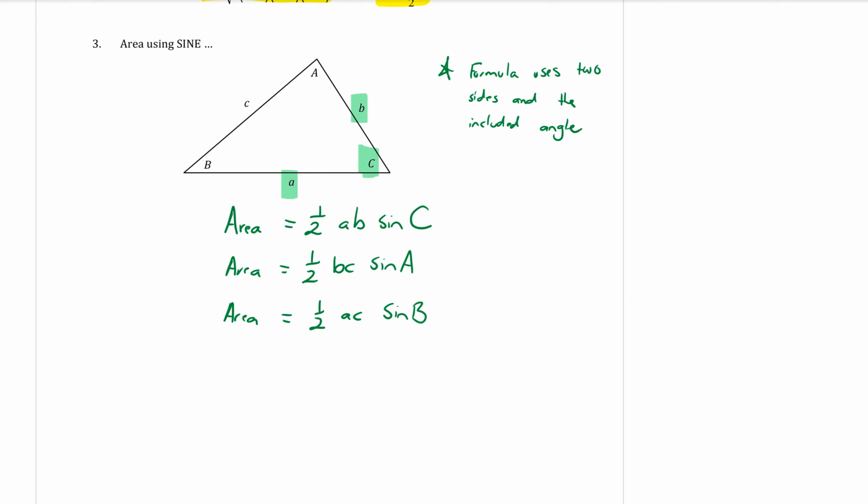Okay, so I'm going to put a box around this top one just so that we only have to memorize one formula. That is the version that I will be using.